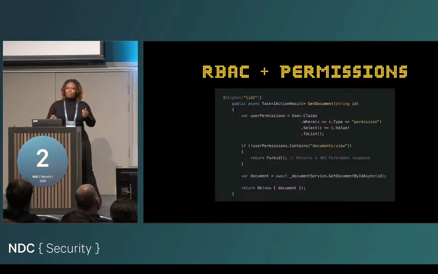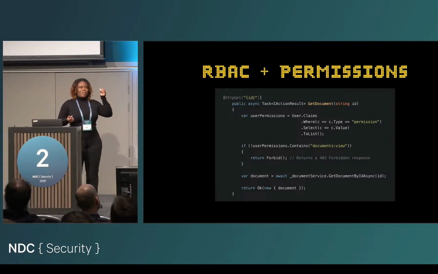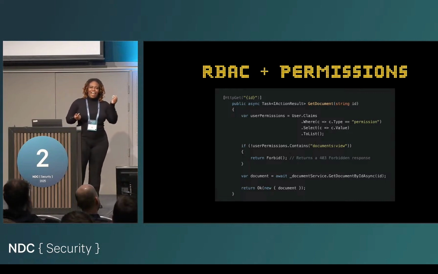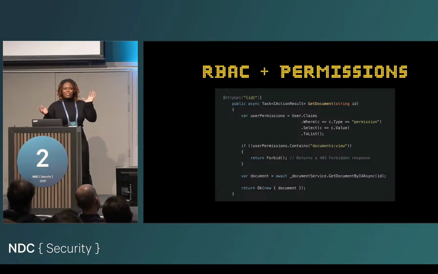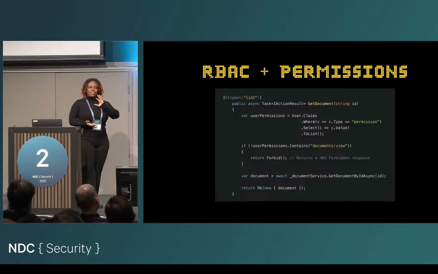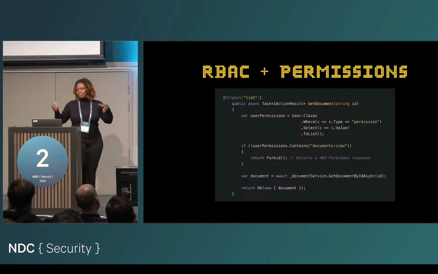In general, thinking about it logically, managers have access to approve expense reports for their team, and for engineers, there should be a little bit narrower scope about which servers they can access.